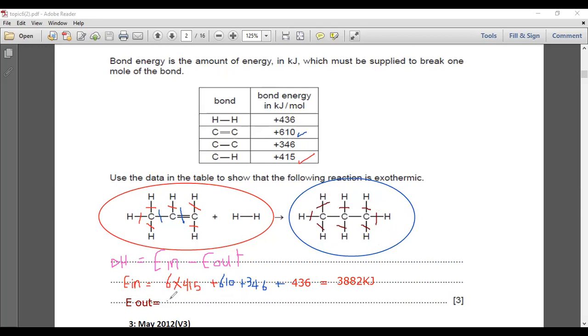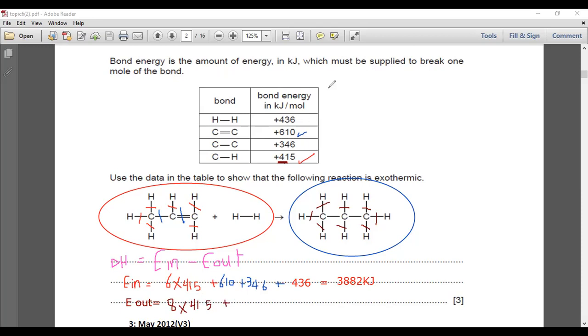So I write 8 times C bond H. What is the value of C bond H? 415. It will be 3320. Step by step. Plus.